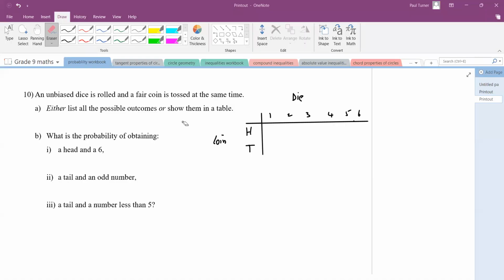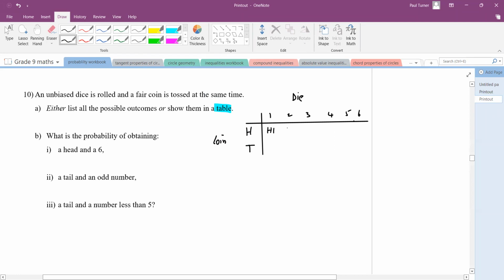Okay, in this question, we've got an unbiased die and a coin, and we're starting to make the table to show the outcomes. So we could write them in a list, but it's more compact to actually put them in a table, which is what we're going to do here. So we have letters and numbers, so we have to write them down.